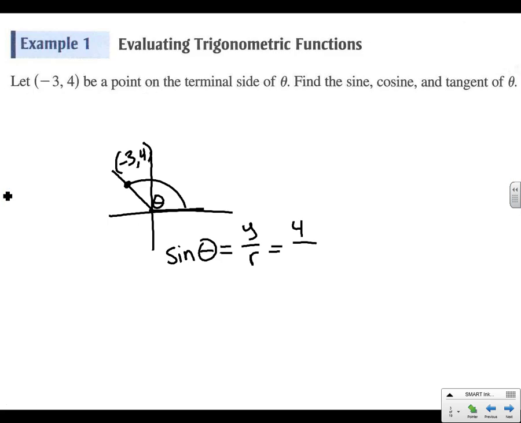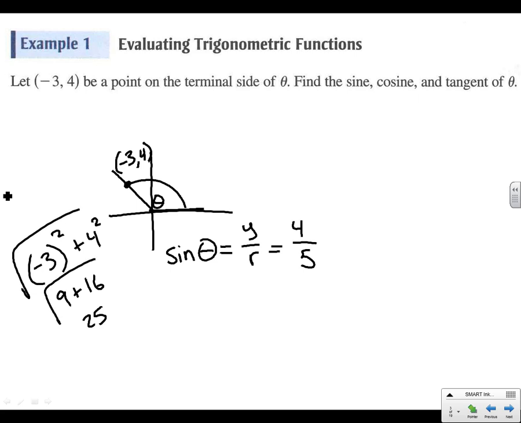Here it's a 3, a 4. We know that r is going to be 5, right? We've done that before. Negative 3 squared plus 4 squared, 9 plus 16, square root of 25 is indeed 5. So we can come up with the cosine as well. Cosine is x over r, and x here is negative 3, and the r we know is 5.